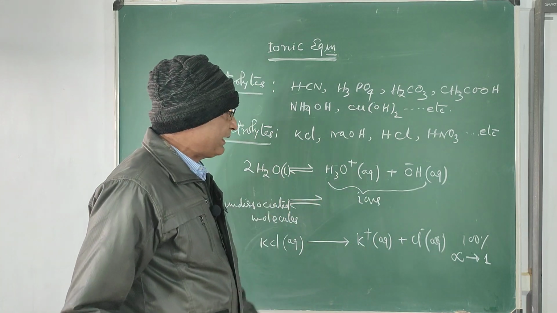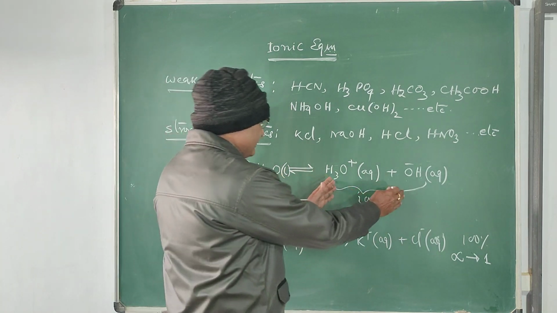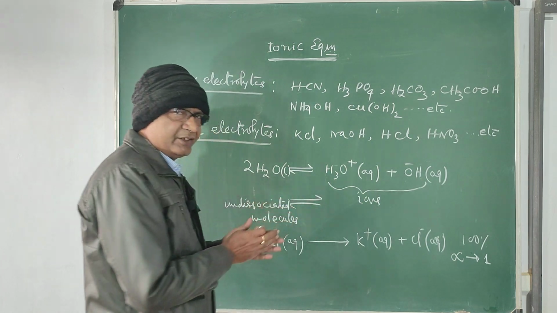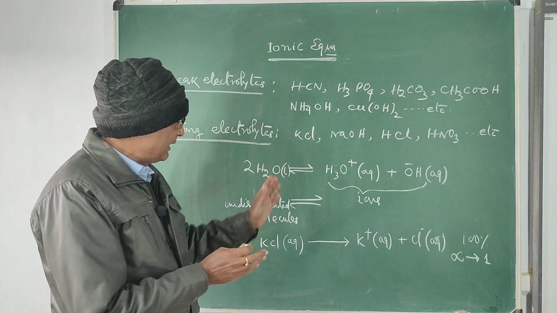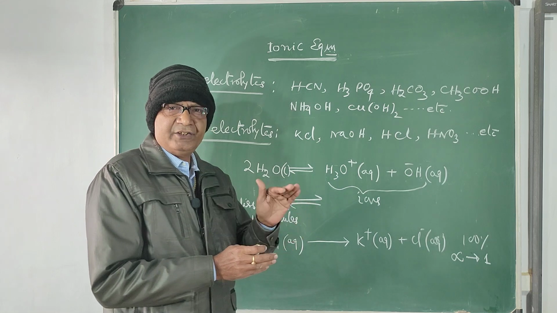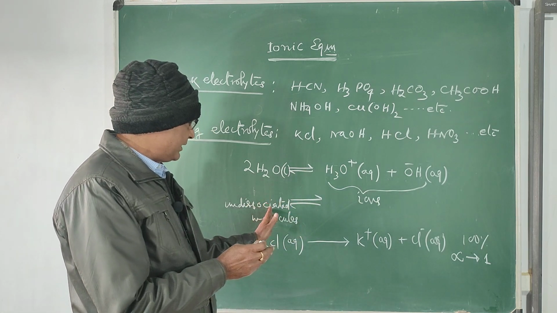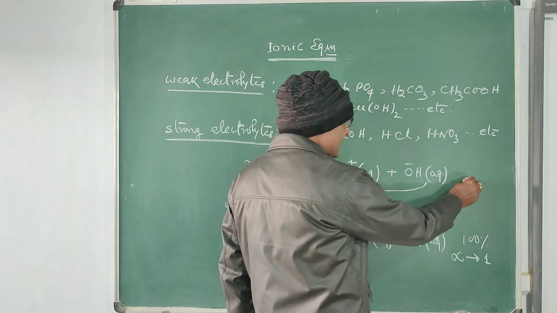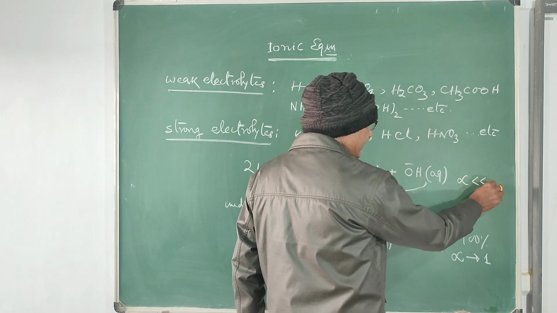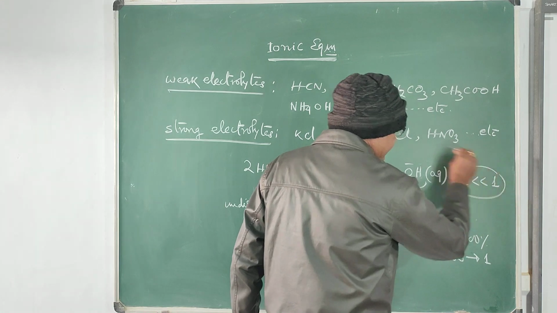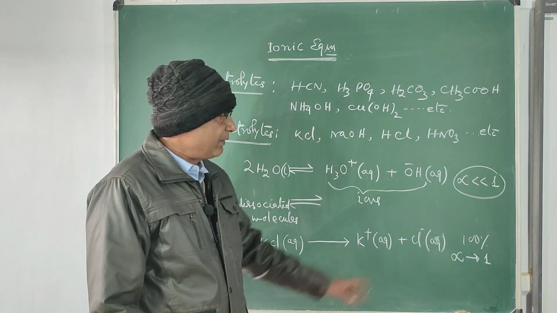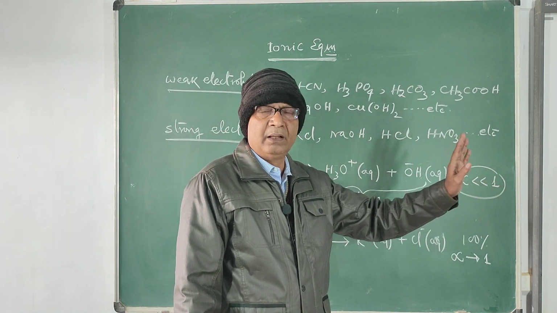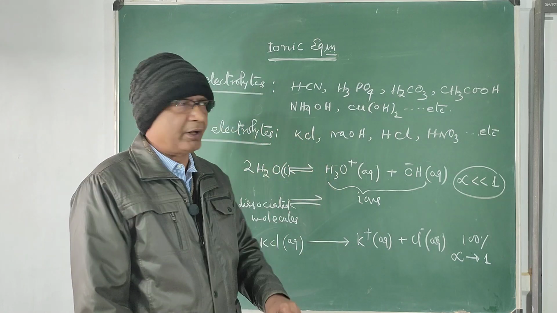But in case of a weak electrolyte, because ions and undissociated molecules both exist together in the solution, an equilibrium is set up between the undissociated molecules and ions. And in these cases, alpha is very, very much less than 1. So we have two types of electrolytes.